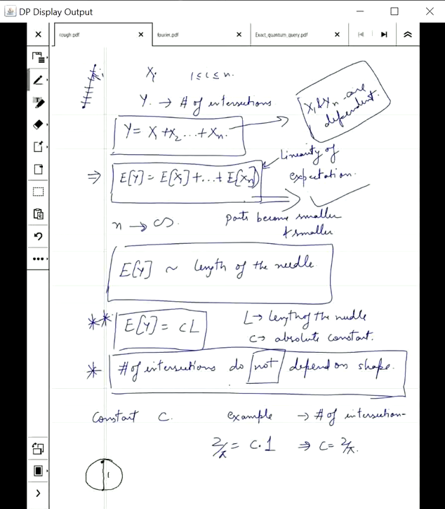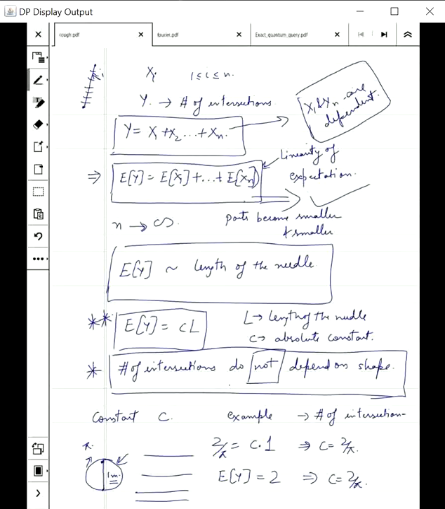If I throw a circular needle of diameter 1 on these parallel lines, the expected number of intersections will definitely be equal to 2, because however you throw the needle, the number of intersections is always 2. Now the length of this needle is just pi. This will also give you C is equal to 2 by pi.